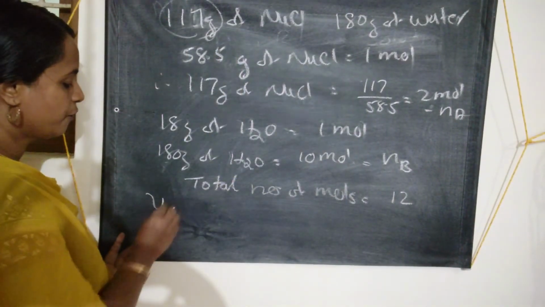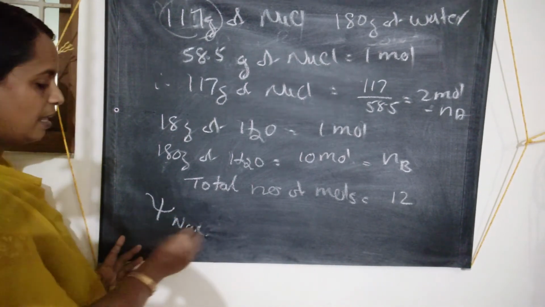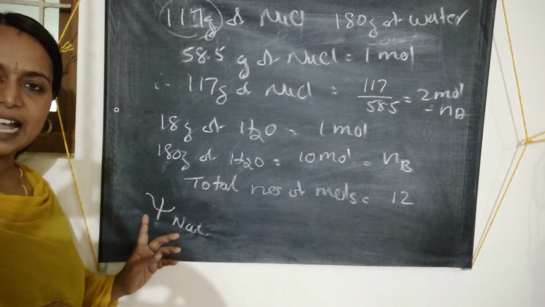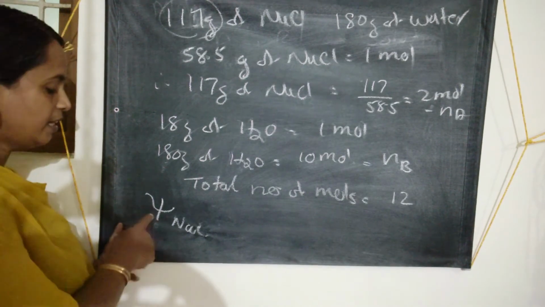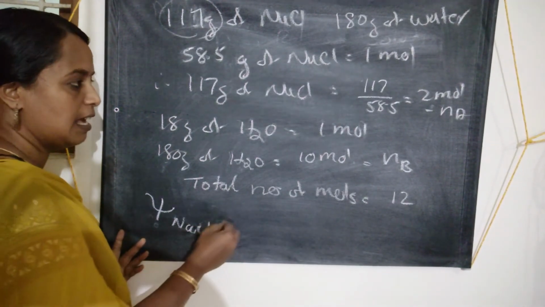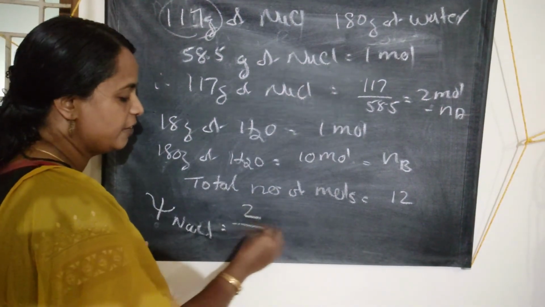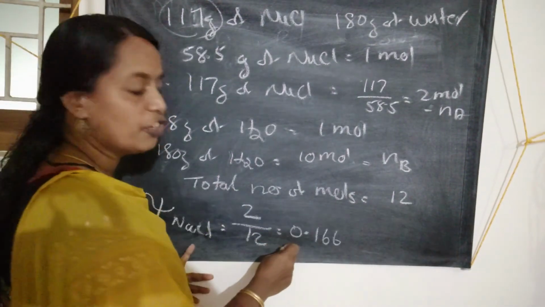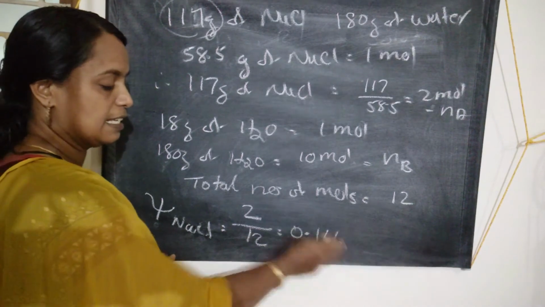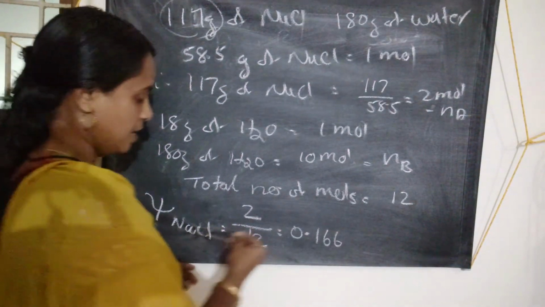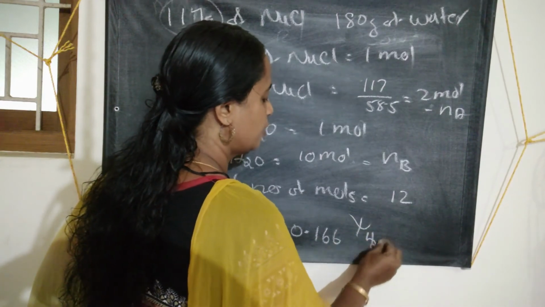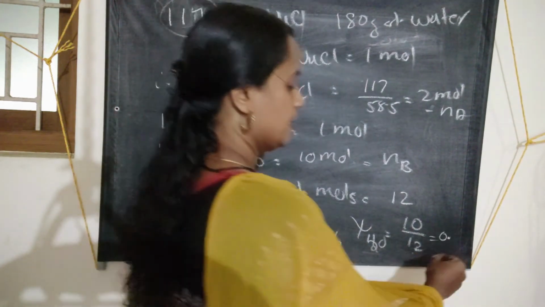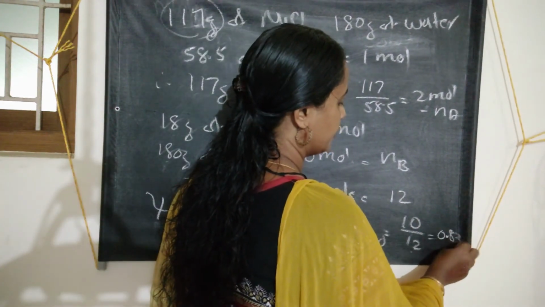Therefore psi of NaCl, the psi is the mole fraction. The mole fraction is represented by the Greek letter psi, and psi of NaCl can be written as the number of moles of NaCl divided by the total number of moles, equal to 0.166. Okay, and the mole fraction of water is 10 divided by 12, equal to 0.83.